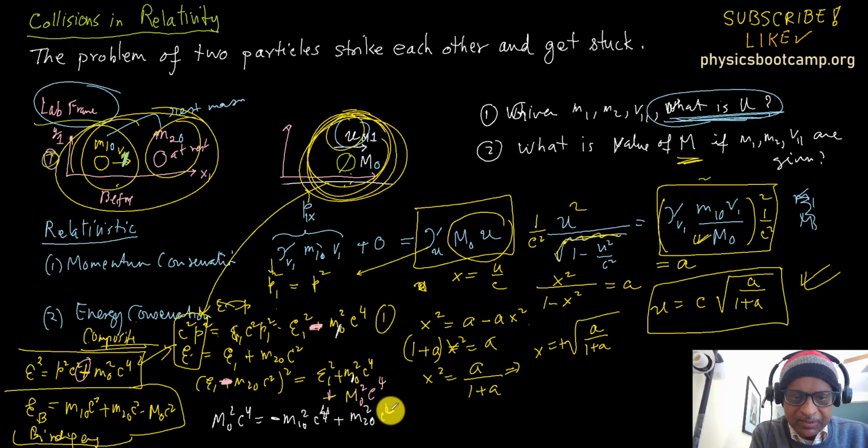I'm making a lot of tiny mistakes here because I'm skipping steps, and then you have plus 2 times m20 C squared E1.